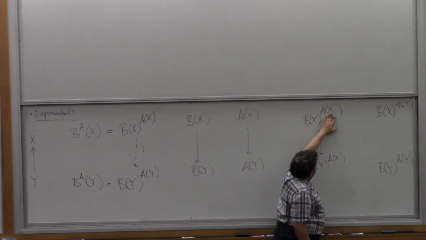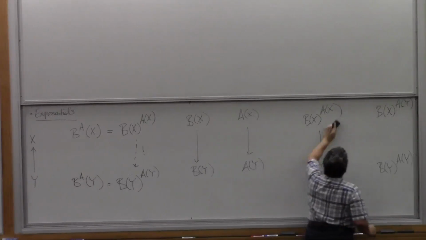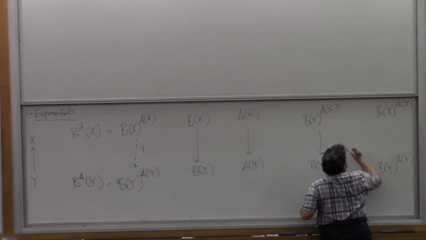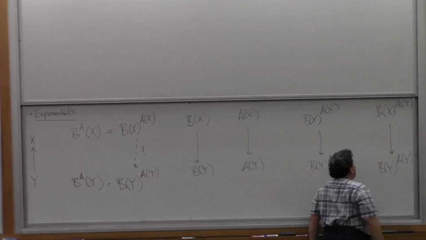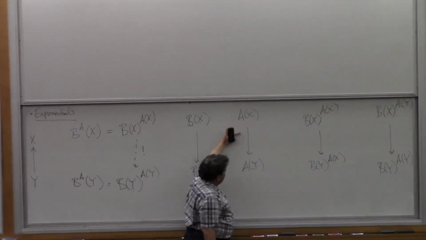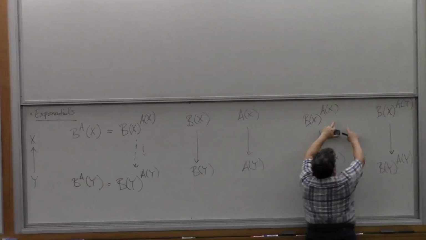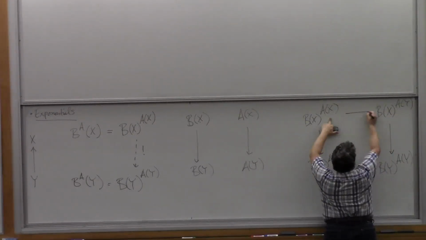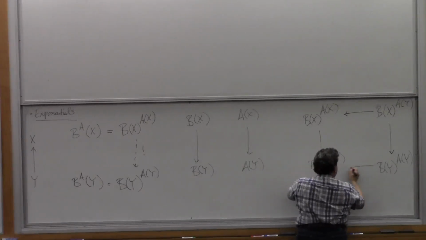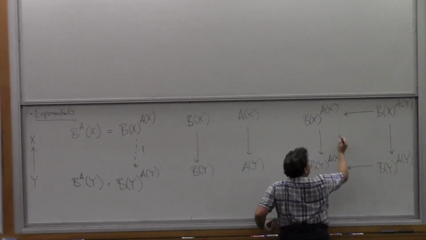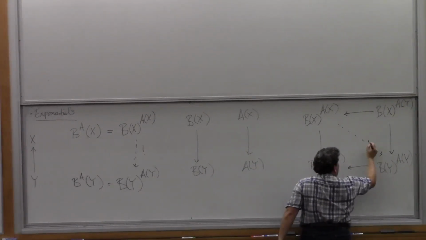This is A to the X is fixed up in the exponent there. And similarly here, A to the Y is fixed up in the exponent, so we've certainly got a map like that. But from this map going from AX to AY, all we can do is precompose, and we get a map going this way with the BY, X fixed, and with the BY, same thing. But remember, we're trying to get this, so we're stuck.